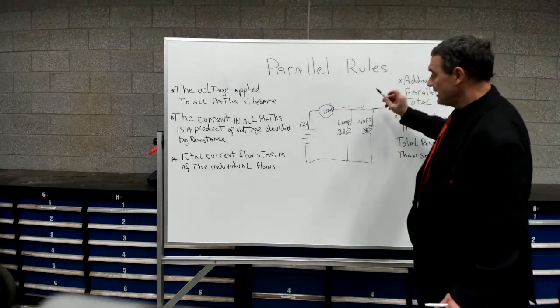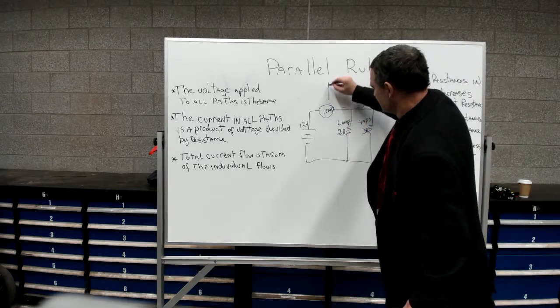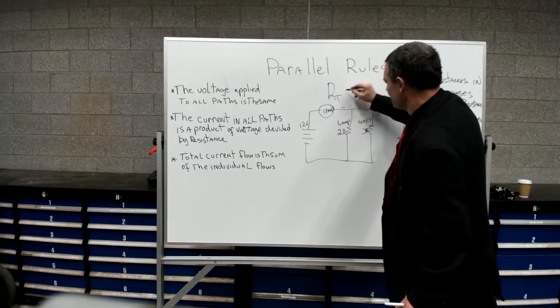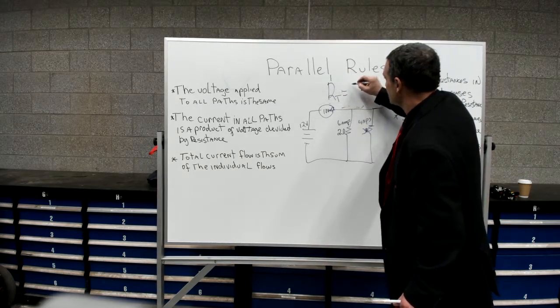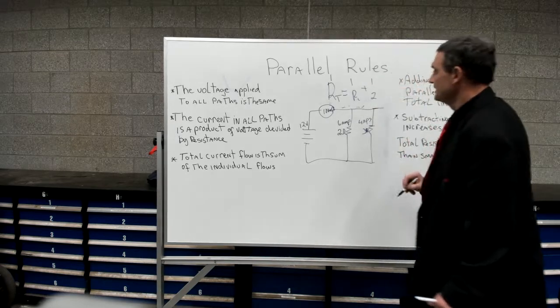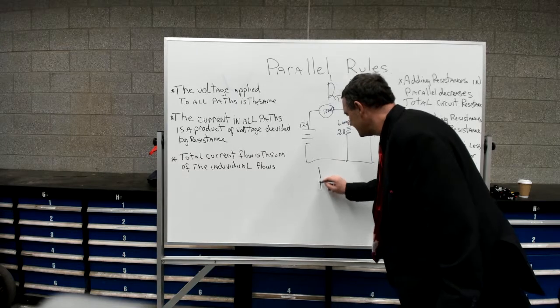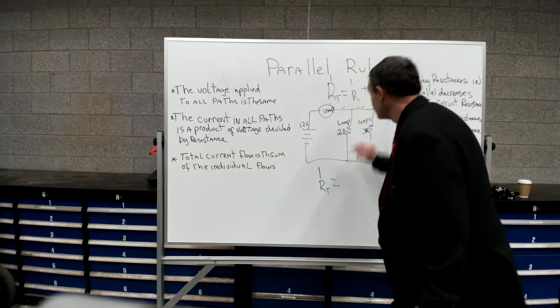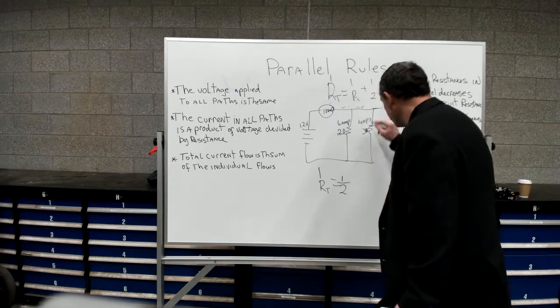So how we're going to figure out our resistance in here is we're going to use a formula: 1 over RT equals 1 over R1 plus 1 over R2. So simply put, we will take 1 over RT equals 1 over 2 plus 1 over 3.